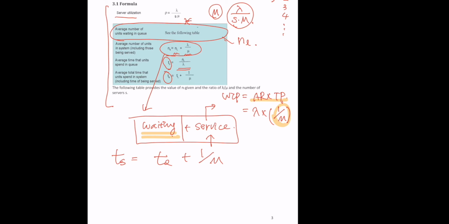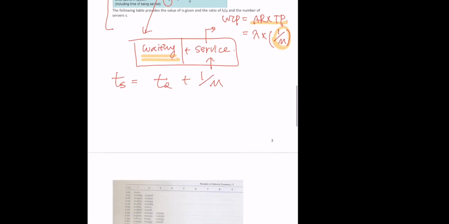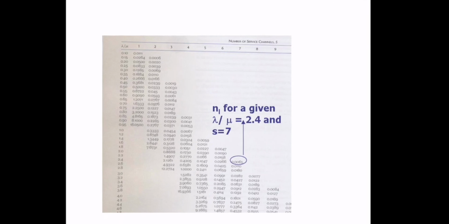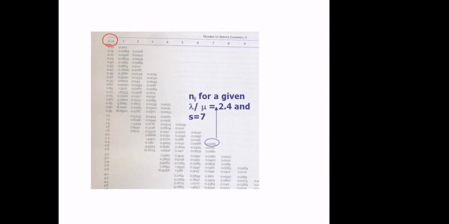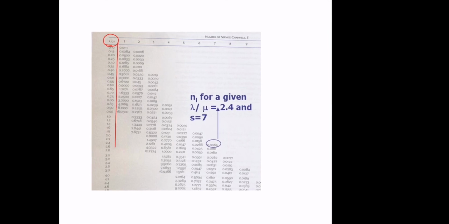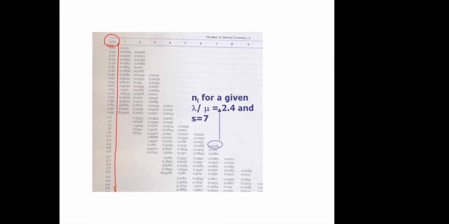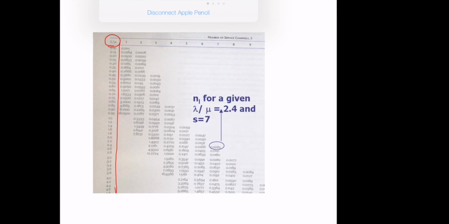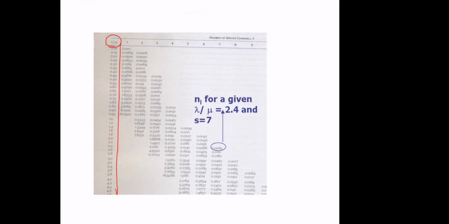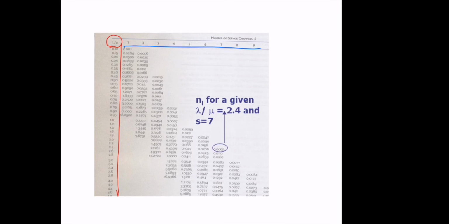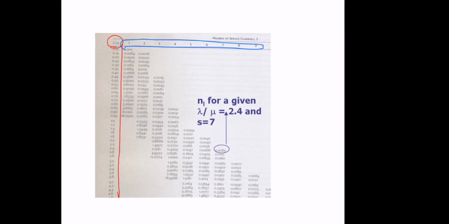What's left? How to get? Yes, NL, because it says that we have to see the following table. So what is the table? In the following table, lambda over mu is given in this column, and in the first row, what we have is the number of servers.